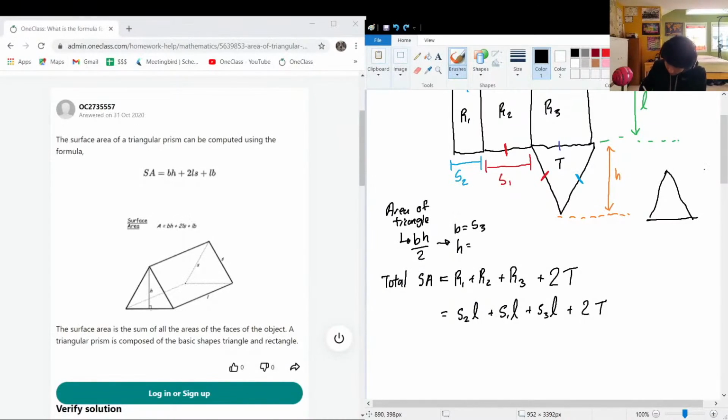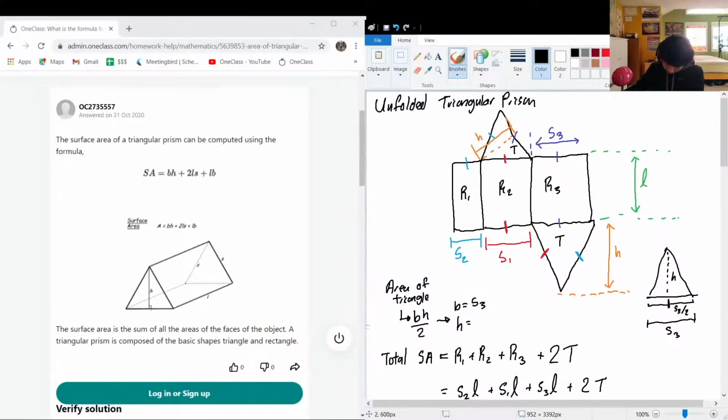Here we have H, and in total we have S3, so just halfway is S3 over 2. So with the power of Pythagoras, we know the slant is going to be, in this case, well, it also does depend on the triangle, but you would need to find the height somehow, some way. And in general, you're going to use Pythagoras theorem.